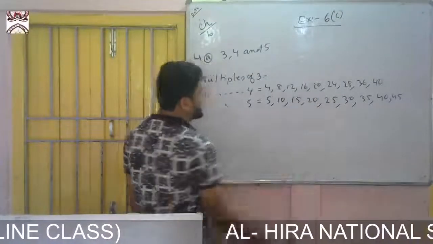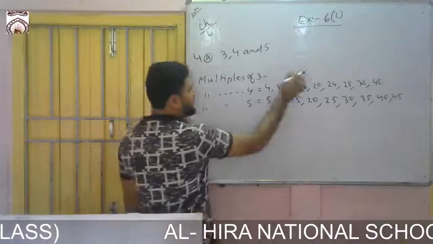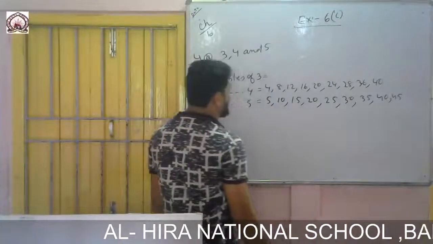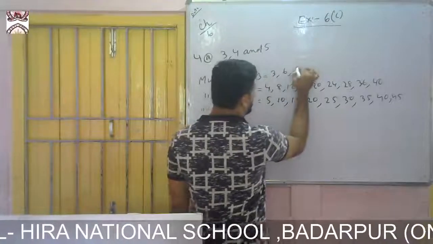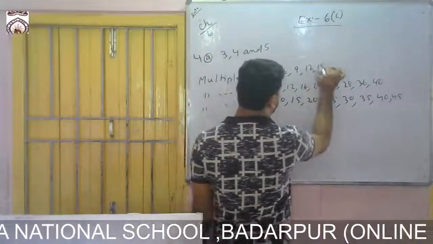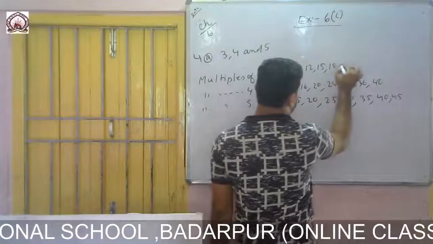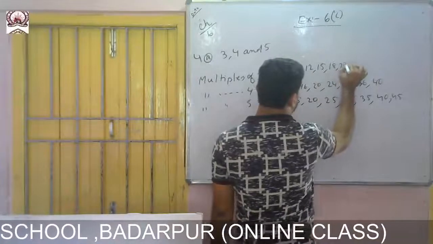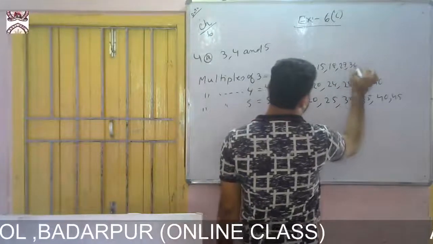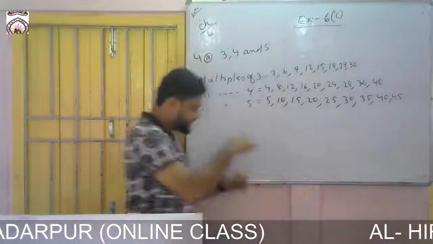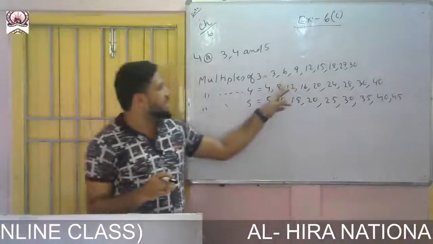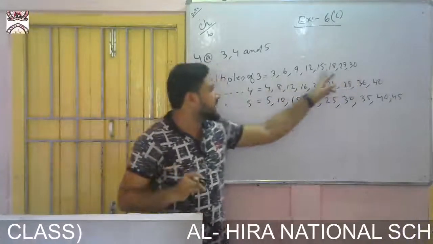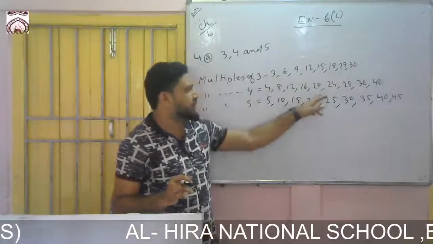20 is coming, but in 3, 20 may not come. So you see, I need to go more. 3 10s are 30. Here 15 is there, but here no 15.